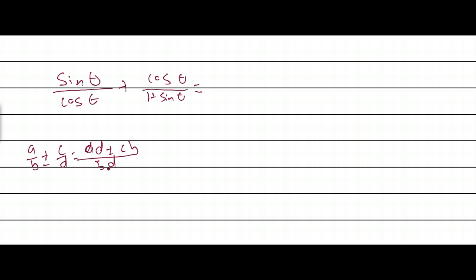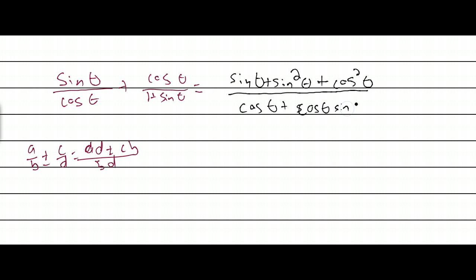So we're going to do the same thing here. Sine times 1 plus sine: sine times 1 is sine theta, and sine times sine is sine squared. Now we do the other side: cosine times cosine is just cosine squared theta. And now we multiply the denominators. Cosine times 1 is cosine theta, and cosine times sine is cosine theta times sine theta.